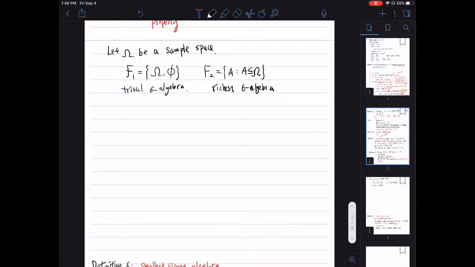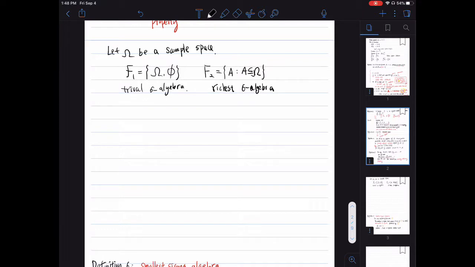When we have a finite sample space omega, F2 is fully obtainable. All we need to do is find all subsets. However, in the other case where our sample space omega is not finite, when it's uncountable, then we cannot list all elements in F2, and F2 will be too large to present anyway.